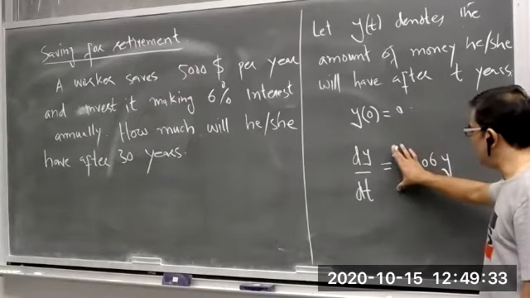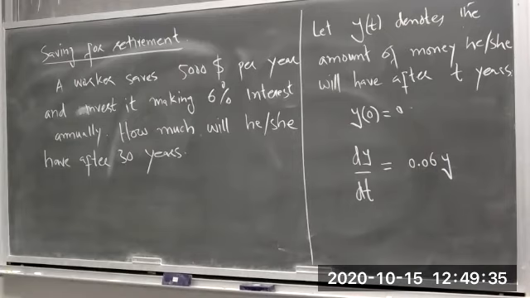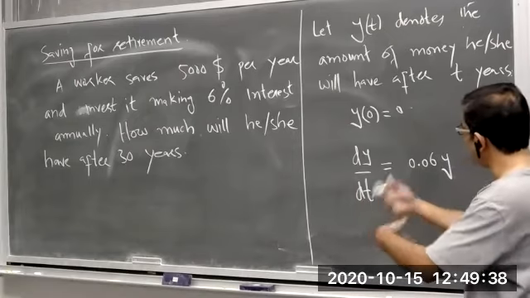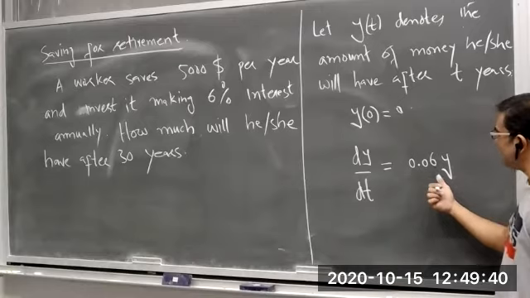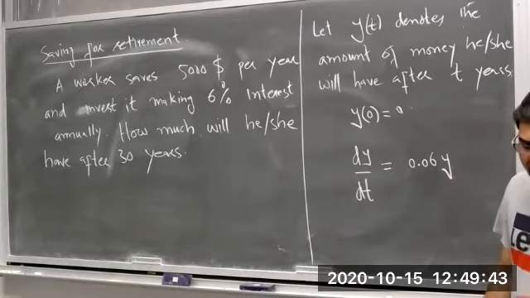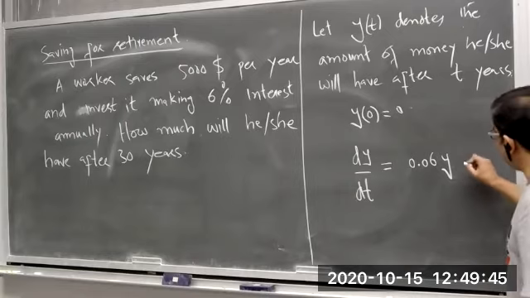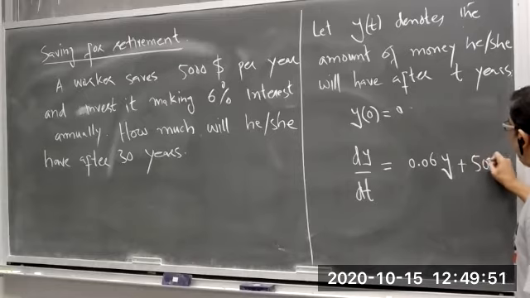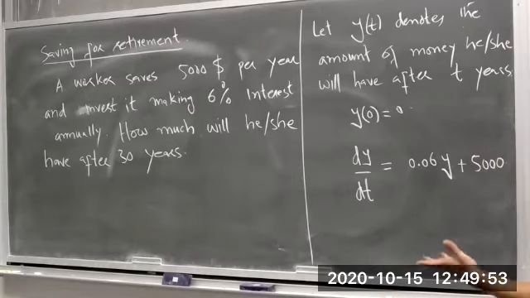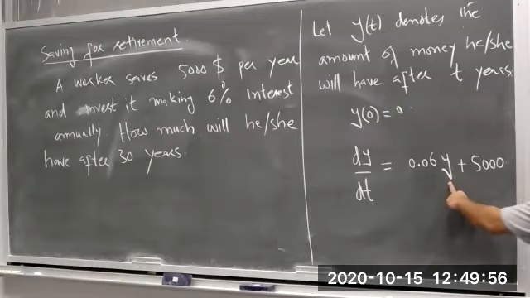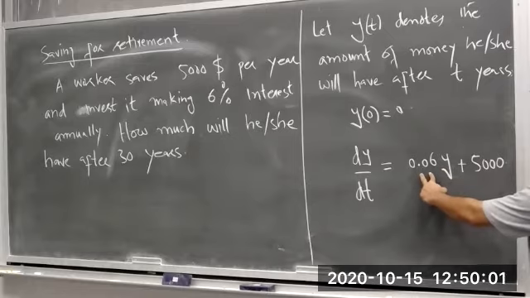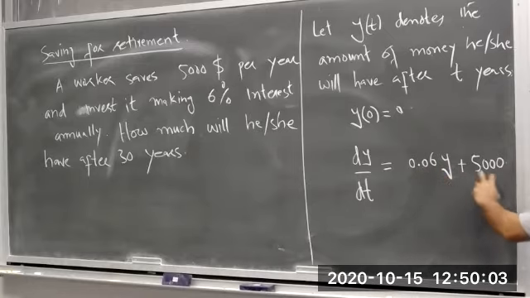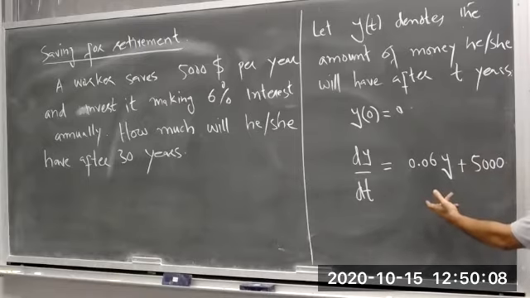So this is the model which describes that the money increases at the rate of 6% yearly. And in each year he saves $5,000 or rupees. Because see, the money that is already there is y, which is increasing with 6% interest, but every year 5,000 more is also being added to it.